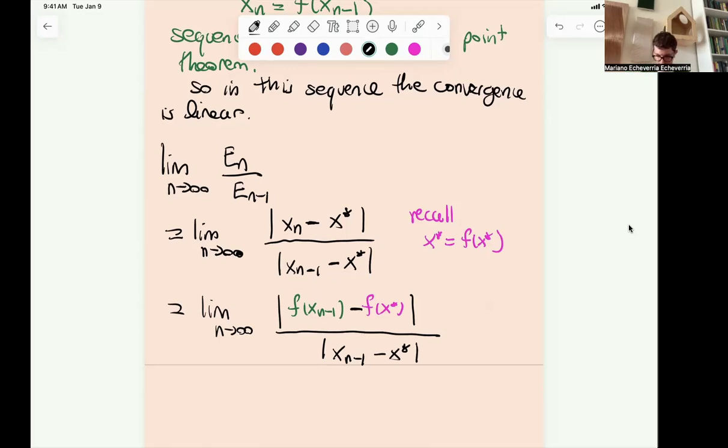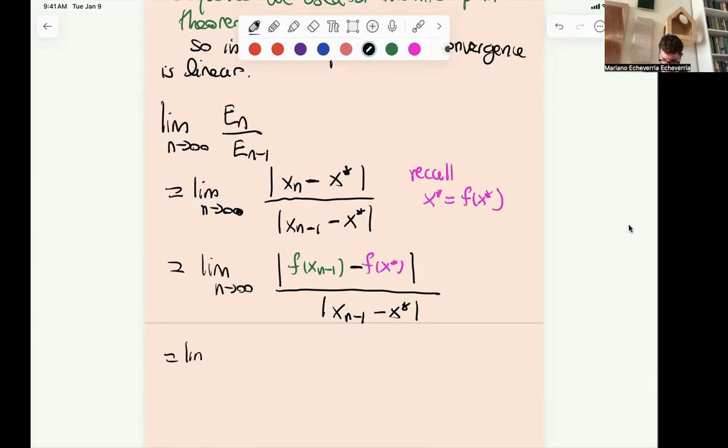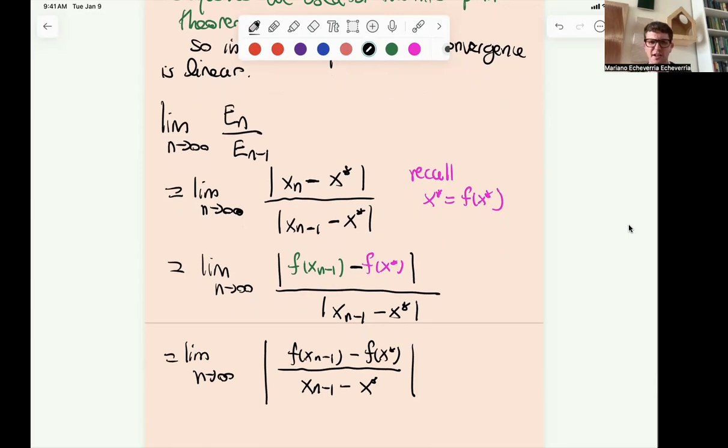Okay, so this gives you the limit as n goes to infinity of xn minus x star divided by... Is that making sense? That's what I computed here.